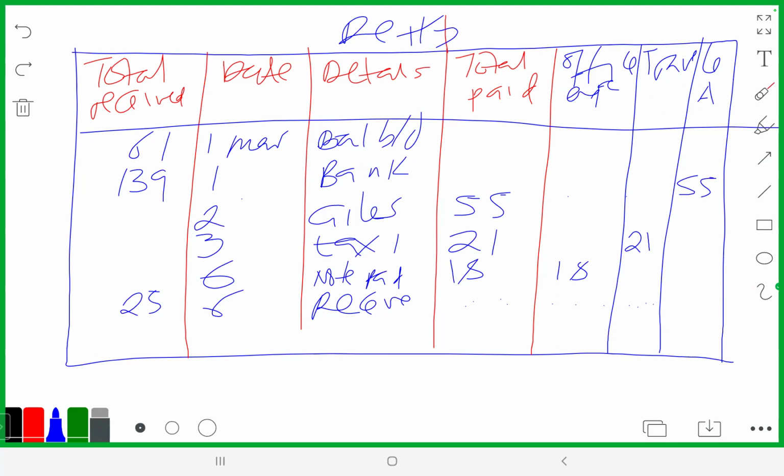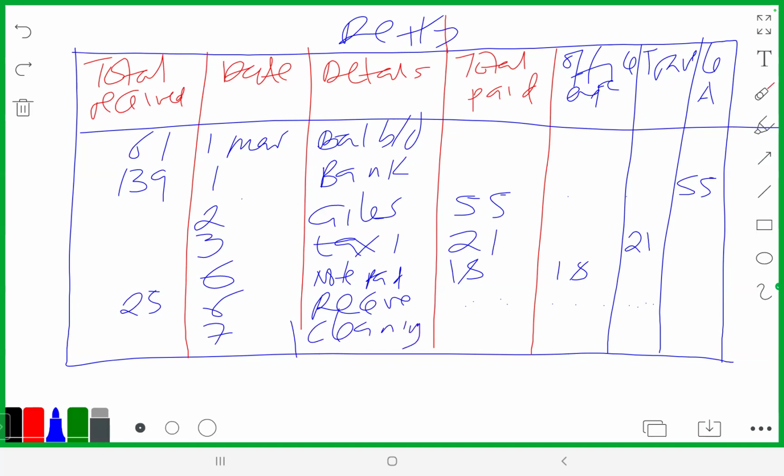After we have recorded our 25, because it's not an expense anyway. The expenses are the ones where we have to show which category they go to. This one is a receipt. And then on the 7th, we are told that we incurred cleaning expenses of 30.